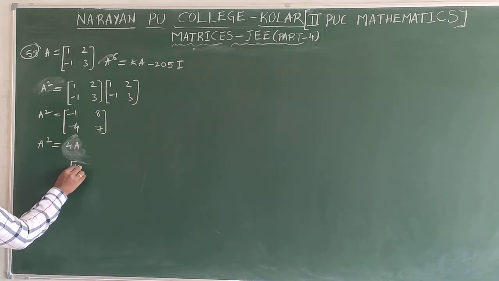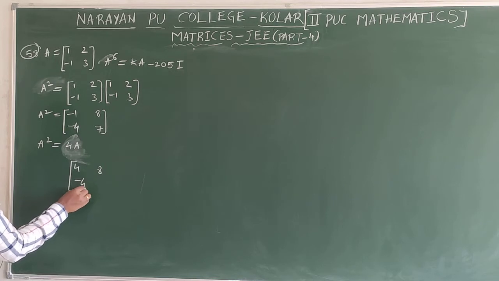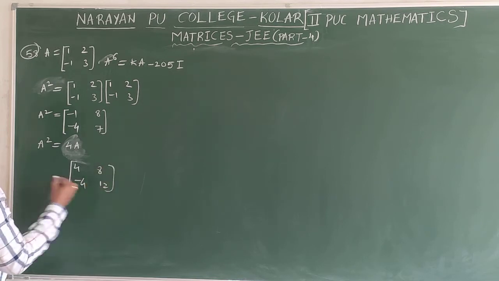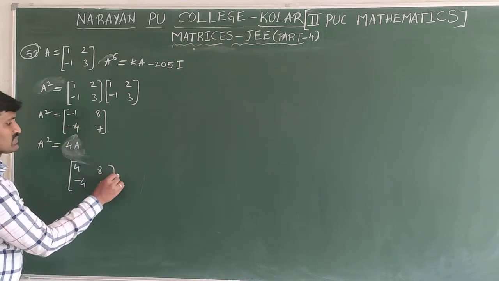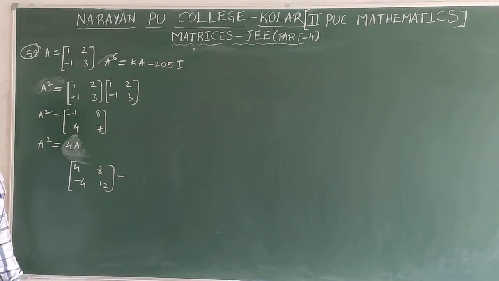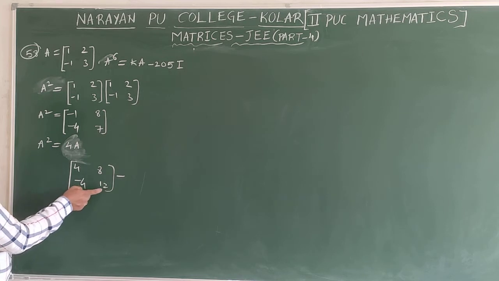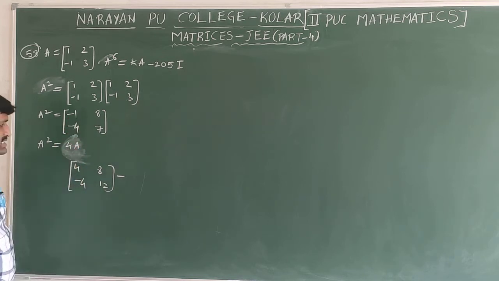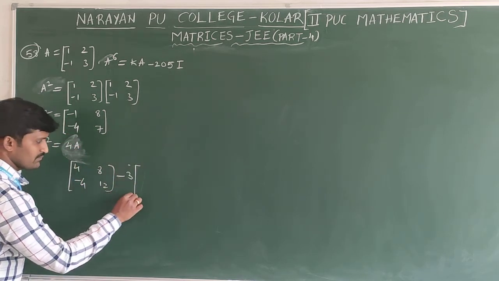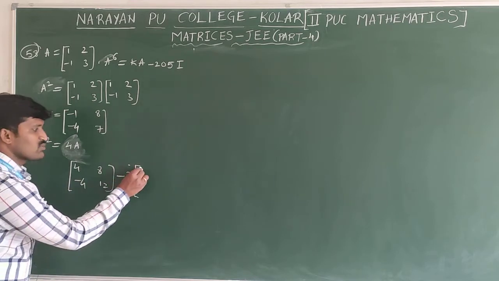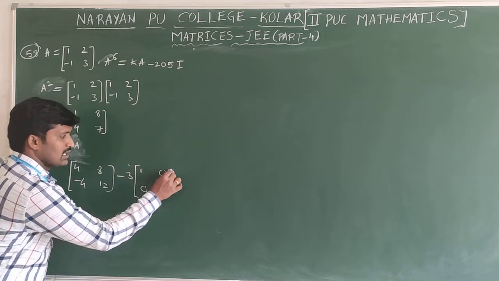Check once. 4, 8, minus 4, 12 will we get. To get this same thing, we have to subtract the identity matrix. 4A I have taken, and this much I got, 4, 8, minus 4, 12. Here we need minus 1, so clearly we have to take 3. If you take 3, what do we get here? 1, 0, 0, 1 is the identity matrix.